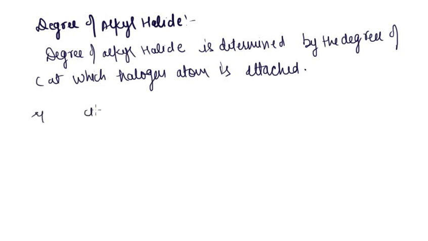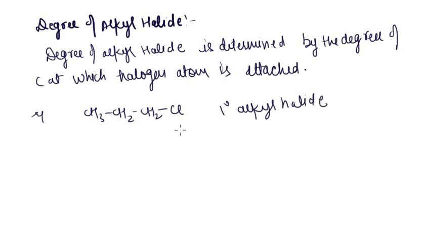Example, let's say I write CH3, CH2, CH2, Cl. It is a 1 degree alkyl halide. Why? Because the carbon directly connected to the halogen is a 1 degree carbon. Next, CH3, CH, CH3, Br.